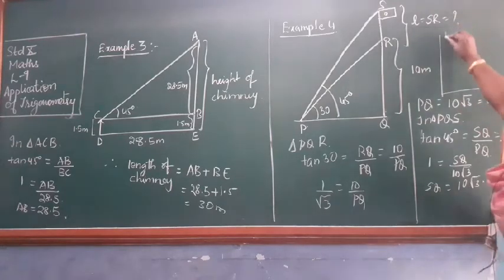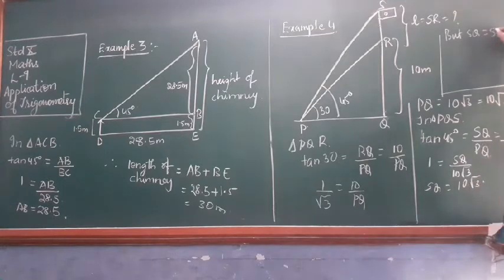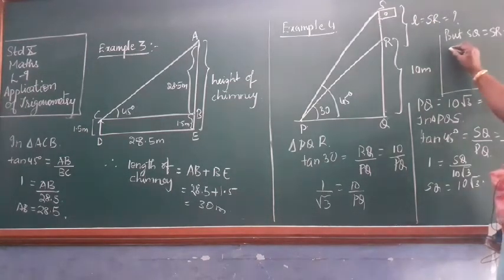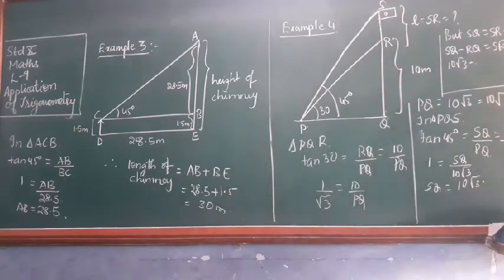But SQ is equal to SR plus RQ, and we are supposed to find SR. So SQ minus RQ will give you SR. SQ we have got as 10 root 3 minus RQ value 10, which is equal to SR. So SR will be equal to 10 into root 3 minus 1.